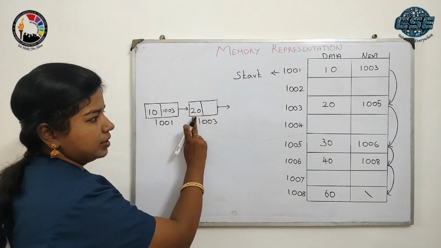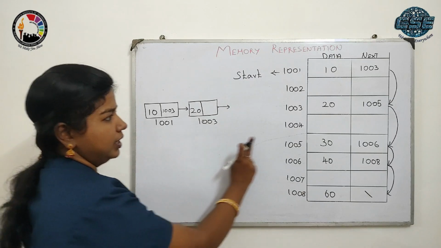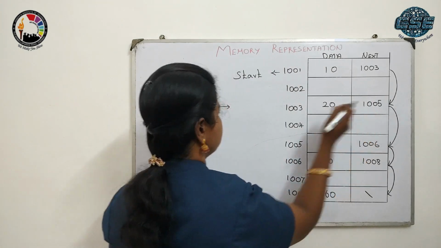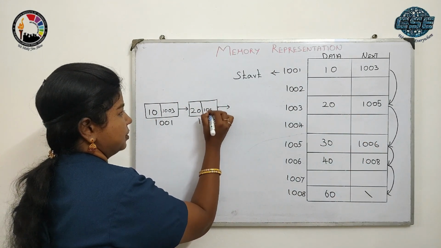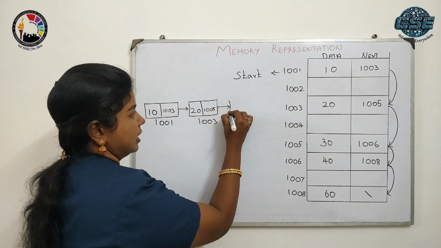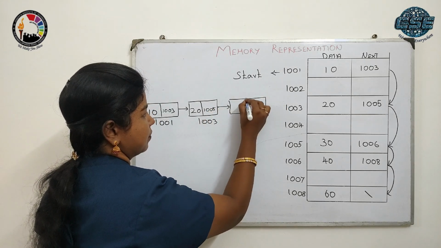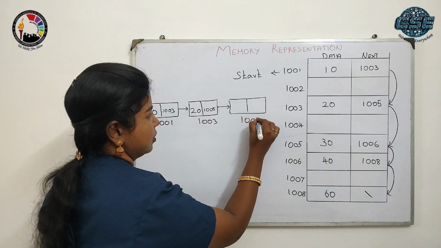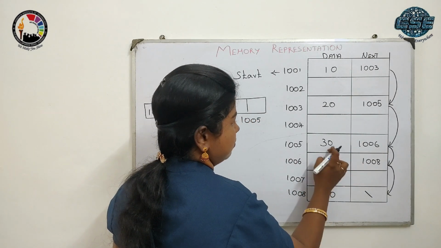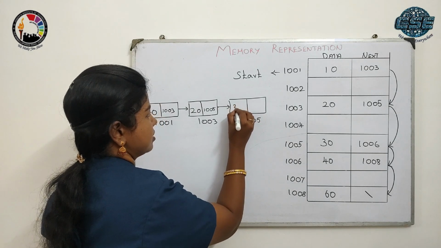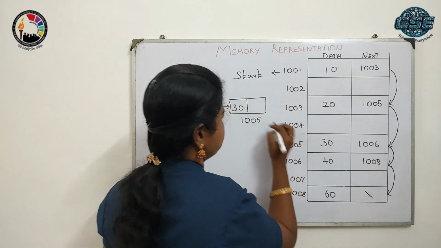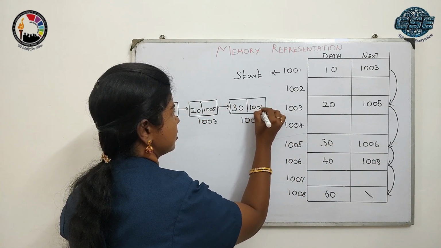At 1003 the data part has the value 20 and the next part has the value 1005. So here you will have 1005, and the next node value will be at 1005. At 1005 you have the value 30 and the next value will be at 1006.